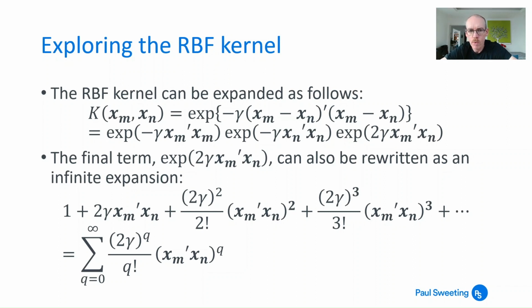And it's that final term which is interesting, because e to the 2 gamma xm transpose xn can also be written as an infinite expansion. It becomes 1 plus 2 gamma xm transpose xn, plus 2 gamma squared over 2 factorial (xm transpose xn) squared, plus 2 gamma cubed over 3 factorial (xm transpose xn) cubed, and so on. So this infinite summation below.